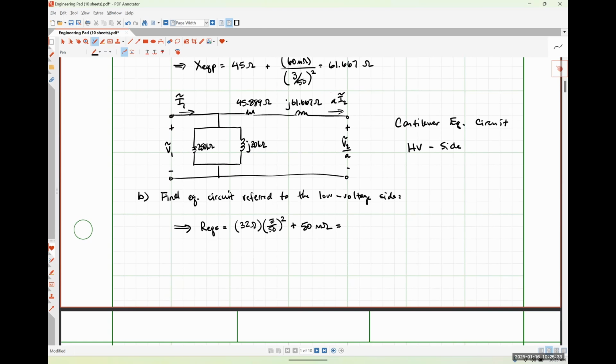Throwing this into the calculator, 32 times 3 over 50 quantity squared plus 0.05, I wound up getting 165.2 milliohms.